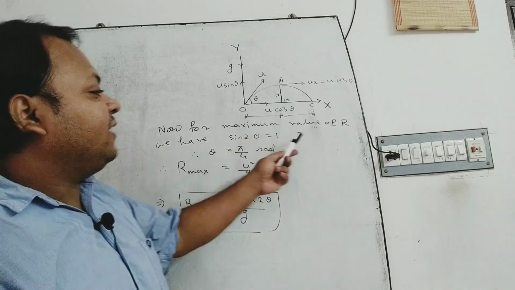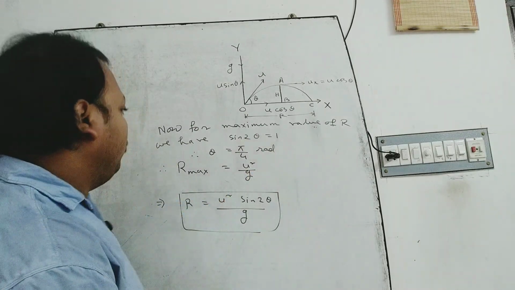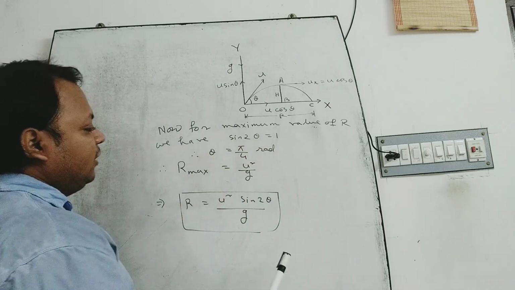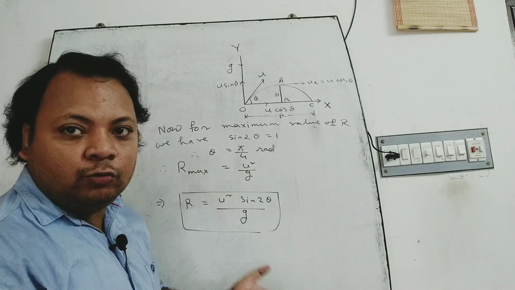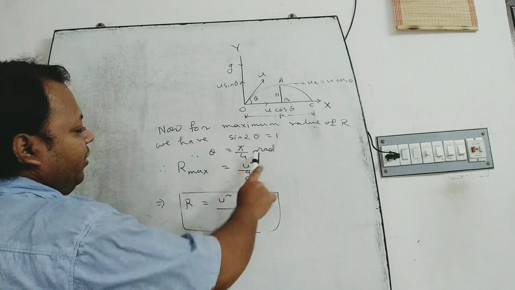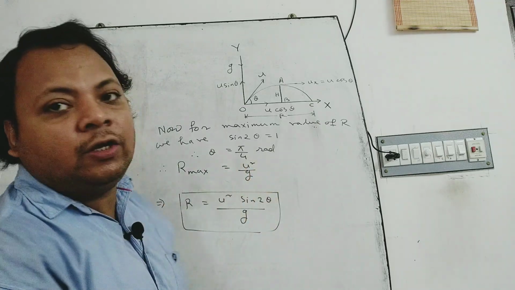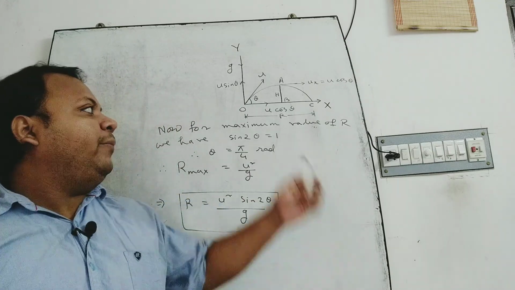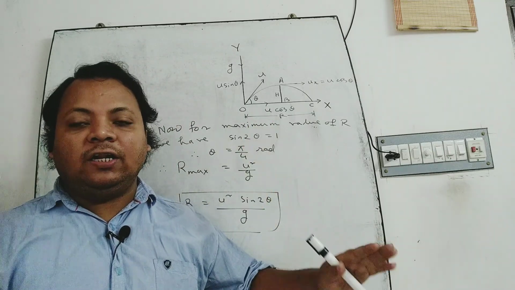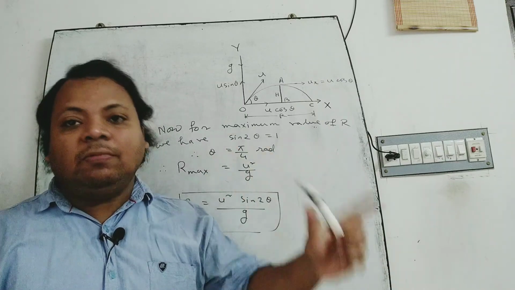Now for the maximum value of capital R, we have sin 2 theta is equal to 1. Since the maximum value of sin 2 theta is 1, therefore theta is equal to pi by 4 radian. That's why when we project a particle at an angle of 45 degrees with respect to the horizontal line, then we get the maximum range.